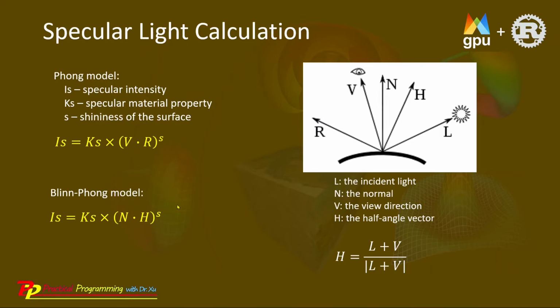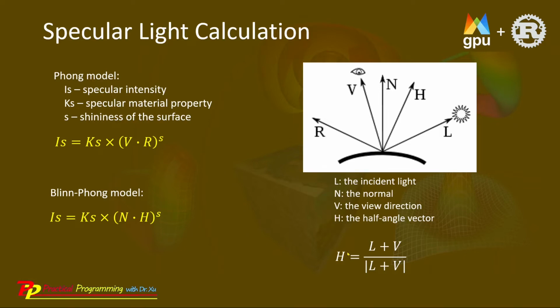This model uses a different set of vectors for its computation based on the half angle vector. Here L is the light direction, N is the normal vector, V is the view direction, and H is the half angle vector.